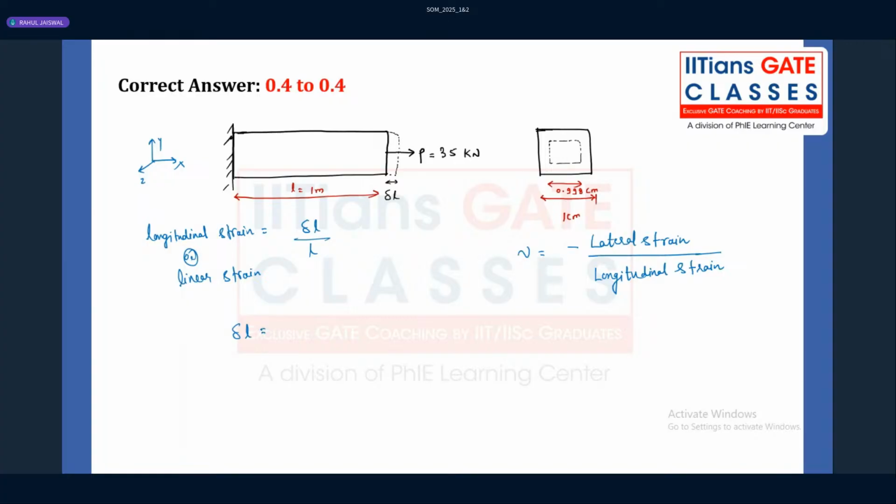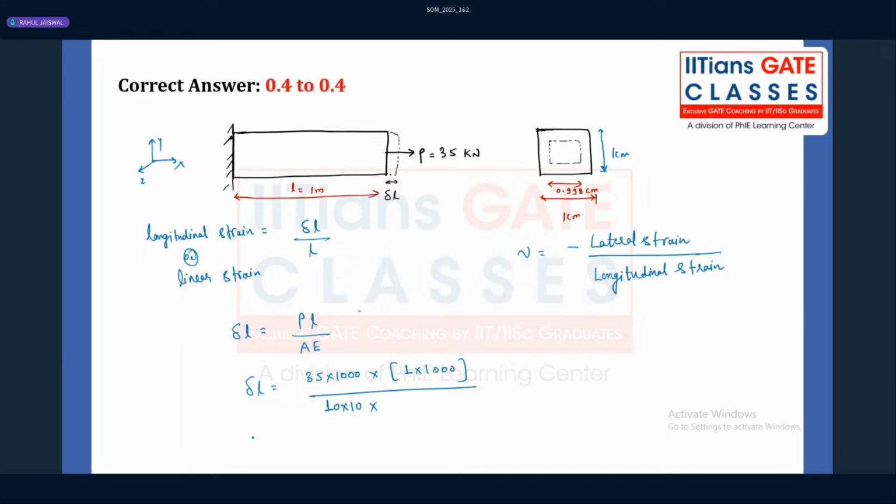Change in length for a uniform strain all along the section of this bar or rod is PL upon AE. Then what is the value of delta L? PL upon AE. What is the value of P? It is 35 into 1000 Newton. Length is 1 meter, so I can convert to mm. The area was 1 centimeter by 1 centimeter, and we know 1 centimeter is 10 mm, so it is 10 by 10.